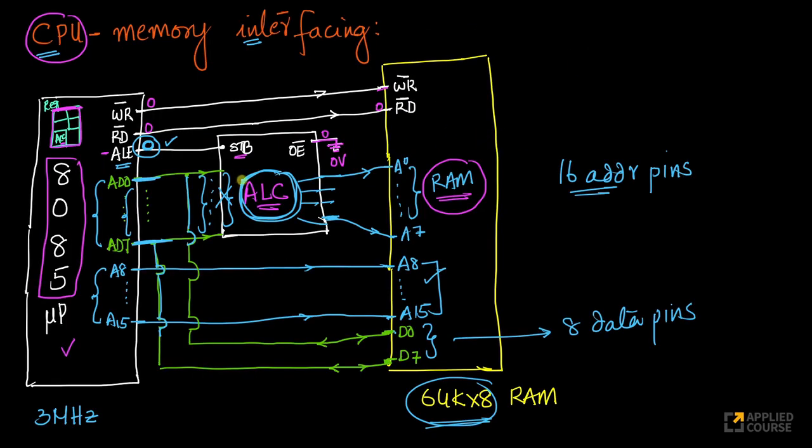So because my ALE is 0 when I'm using them as data pins, strobe is 0, which means these pins' input will not be taken into the ALC. Whatever values are stored in the ALC are given to the address pins. Now whatever data is passing through these pins, because ALE equals 0, is connected to the data pins of my RAM. This is how the whole interfacing works.